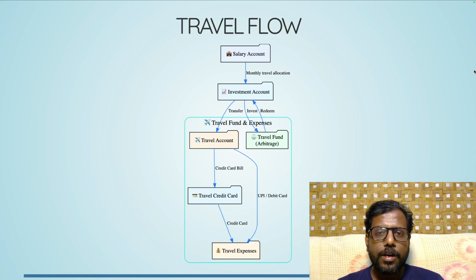So in this flow, it ensures there is some decent growth in the amount compared to keeping it just in the bank account, and also protects it from being used for other purposes, right? The amount in the travel fund is redeemed only when the travel happens. That way, the money is earmarked for travel, so it's not spent on anything else.